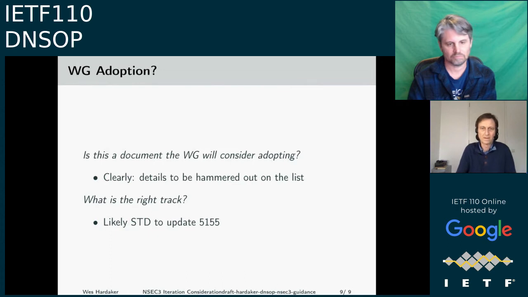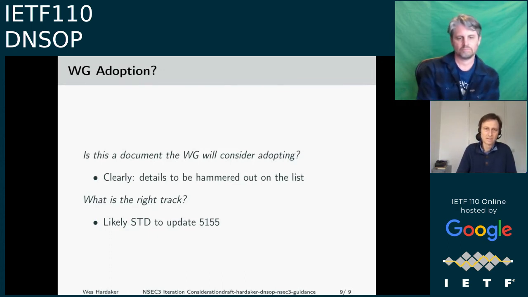With regards to the other things, I think reducing the cap is the most important part of a potential working group adopted draft. I think there's a slight misunderstanding, or maybe we could clarify the purpose of SALT a little bit better. I just think it's a distraction from all of this.